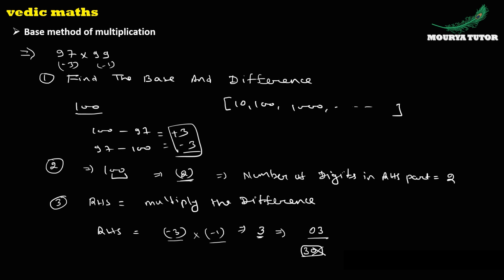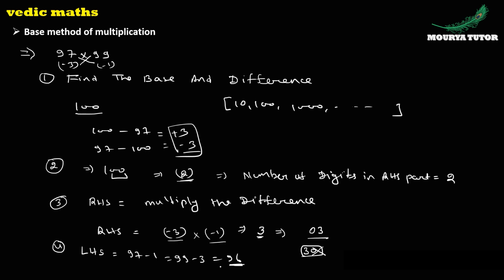In the fourth step we will find out the LHS part. Now let's find out the LHS. You just need to subtract 97 minus 1, or you can subtract 99 minus 3. Either way you can do, you will get the same result.